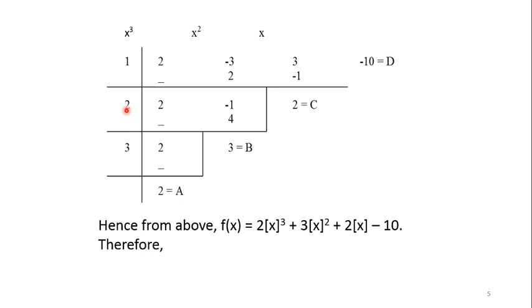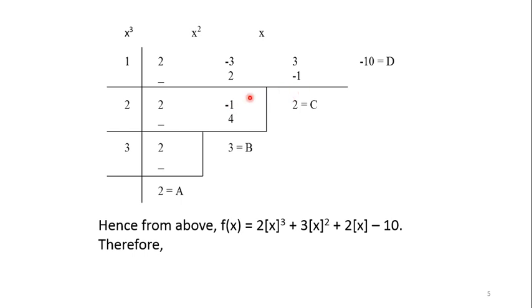Then we come to the second step. The first coefficient is written as it is. To find the next, multiply the previous remainder by the number of steps: 1 into 2 is 2, and adding, minus 3 plus 2 is minus 1.